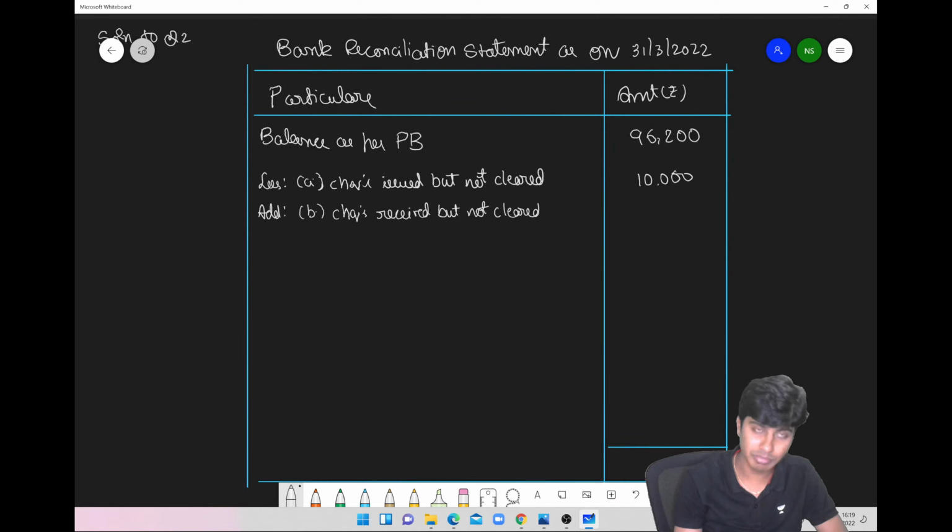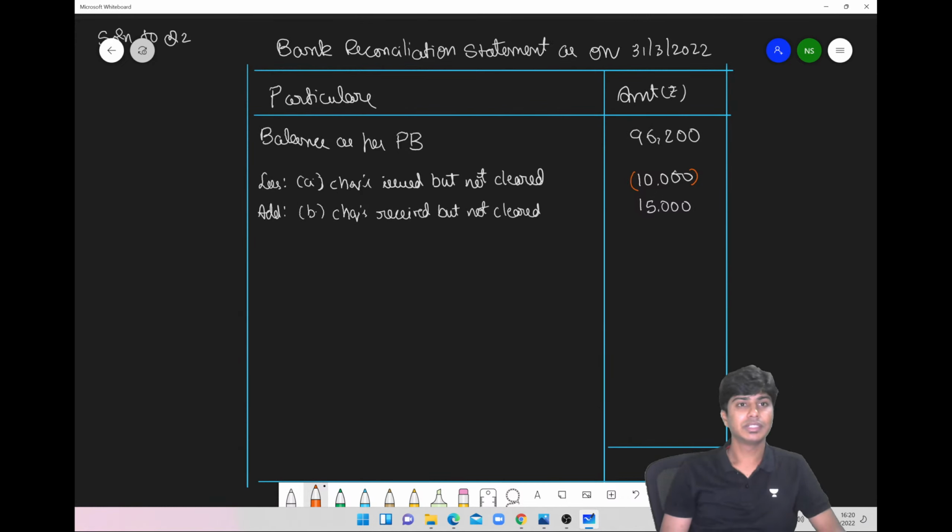We have deposited them, but these checks didn't get cleared. What is the amount? 15,000. The first item was a less item. Am I right? Yeah.